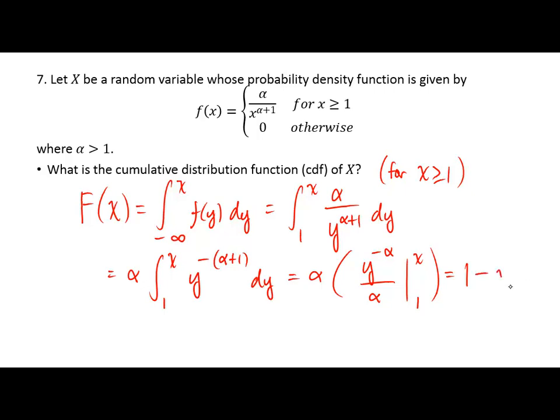This gives 1 minus x to the negative alpha. Again, leaving out more steps, but there we go. Everyone following me here? We on the same page?